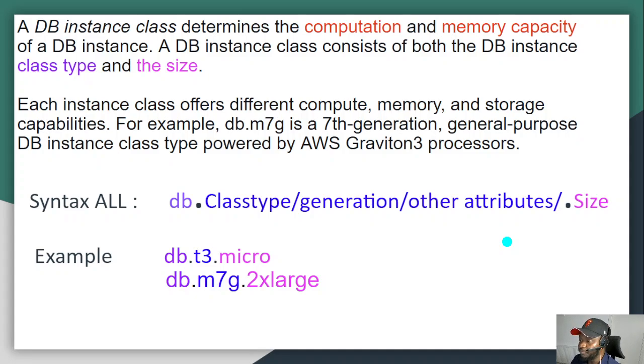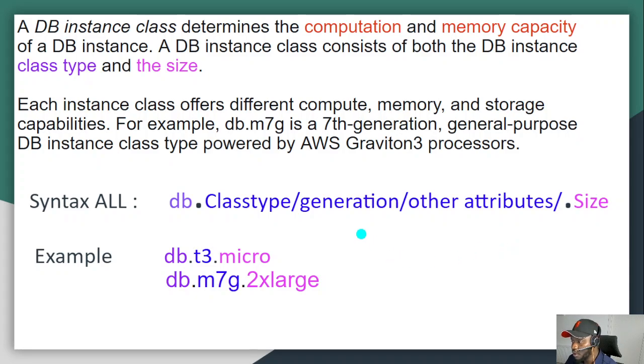But the video for today is exclusively to give you an overview of what an RDS instance class is, how you identify an RDS instance, and how you can get more information from the RDS instance class.